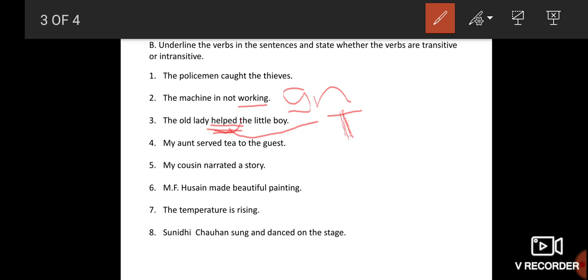Because if you say the old lady helped, it does not complete a meaningful sentence. So helped requires an object. That's why this is transitive, and the object is already given here, the little boy.